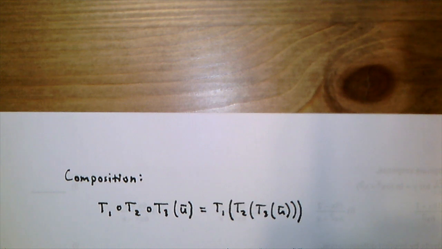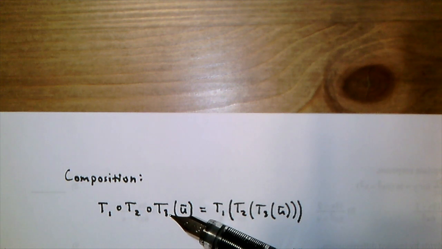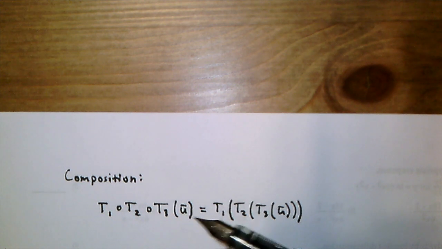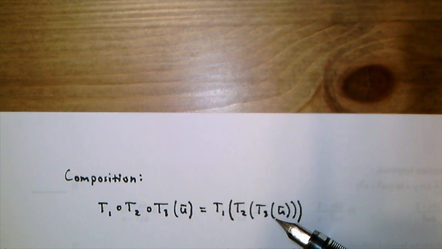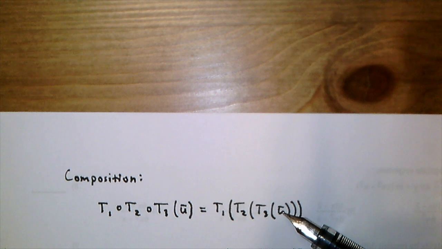Now we need to compose our three functions. Notice that T3 is on the right, even though it comes first, because of the way the function composition works. See, T3 is the first thing that acts on our vector u.